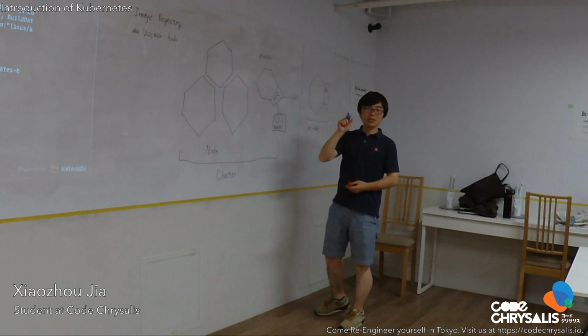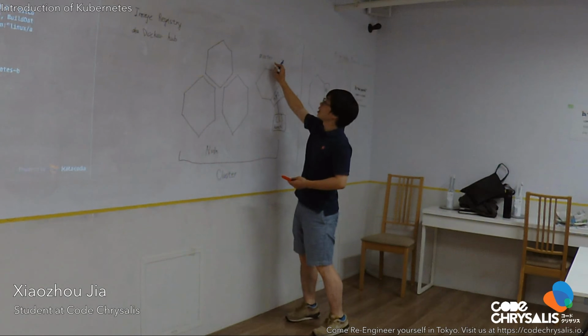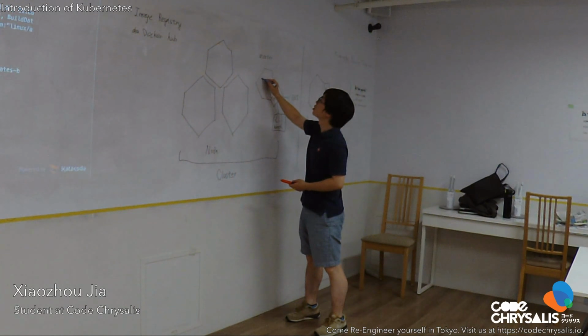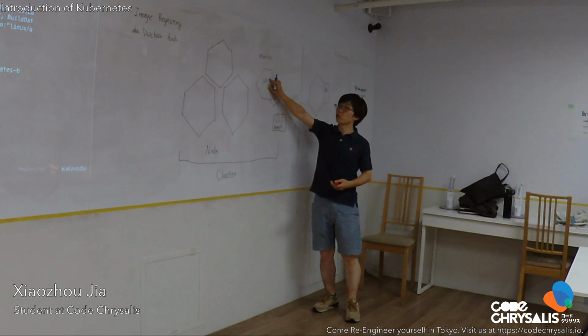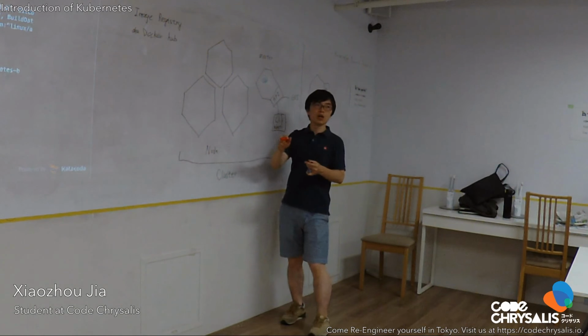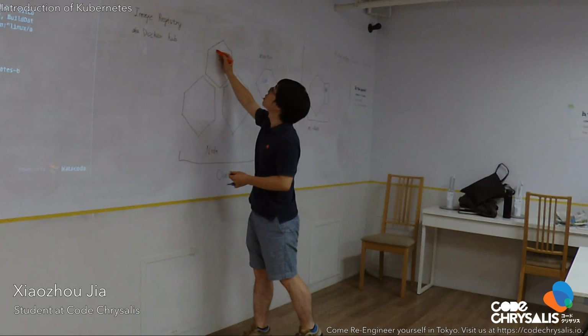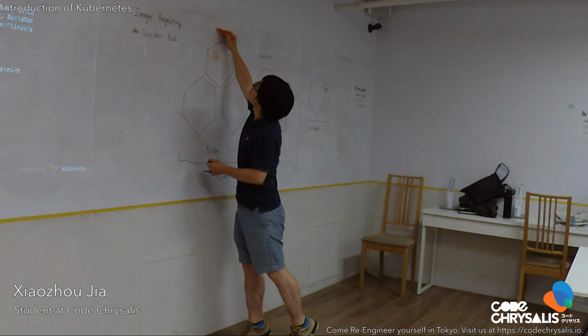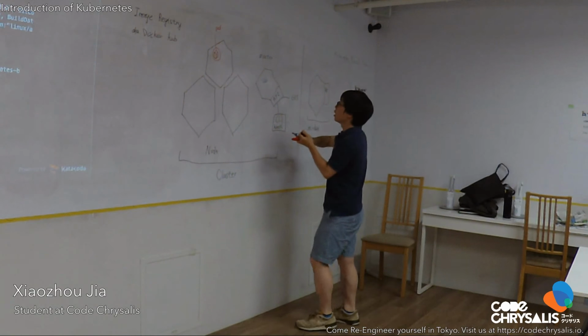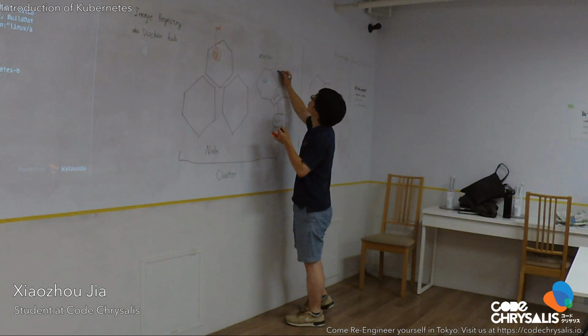In the master, it creates something called a deployment. This deployment is responsible for managing a pod in those worker nodes. So here is a pod. I will explain what those mean. So this is a pod, and this is a deployment.